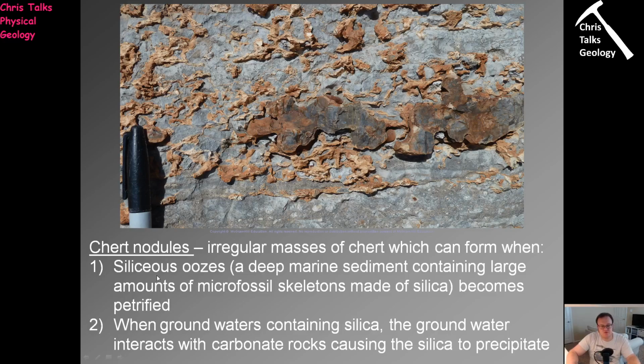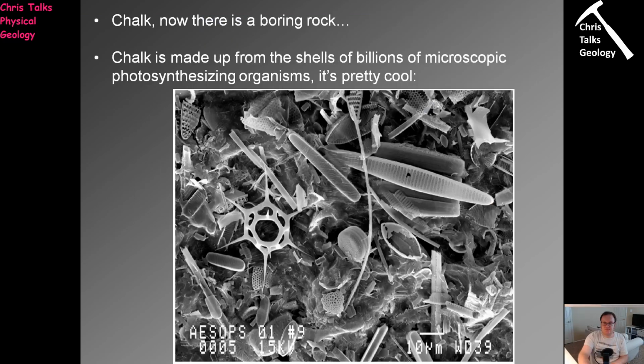The first way we can form chert is when we have something called a siliceous ooze. And the siliceous ooze is a very deep marine sediment, so it's very, very deep seawater. And the sediment itself contains lots and lots of microfossil skeletons, which are made of silica. So if I go back for a second, these are the microfossil skeletons, the microfossil shells.